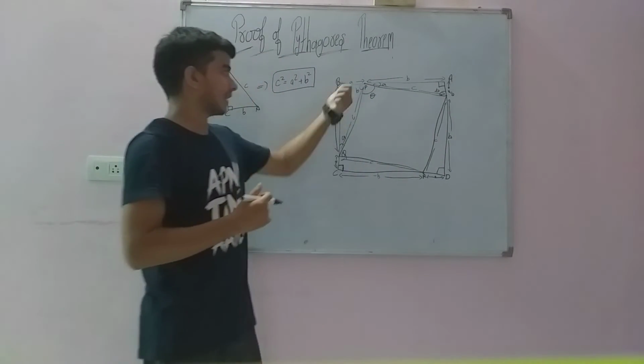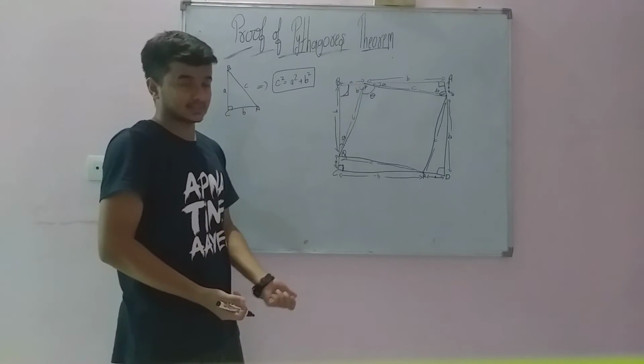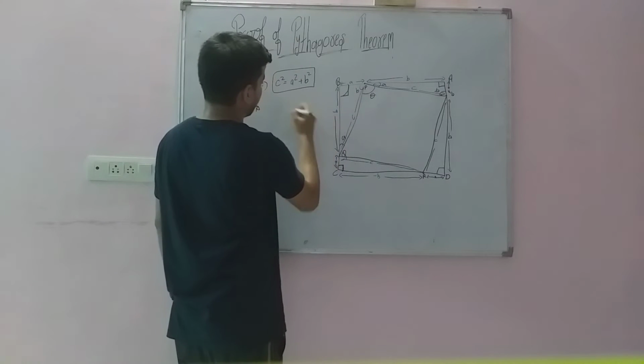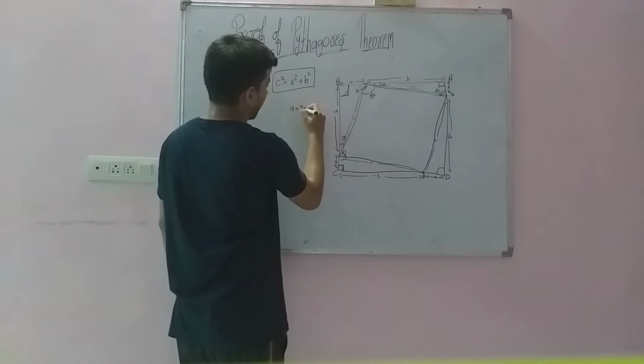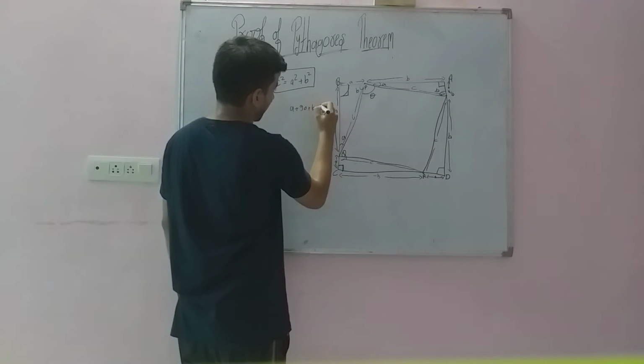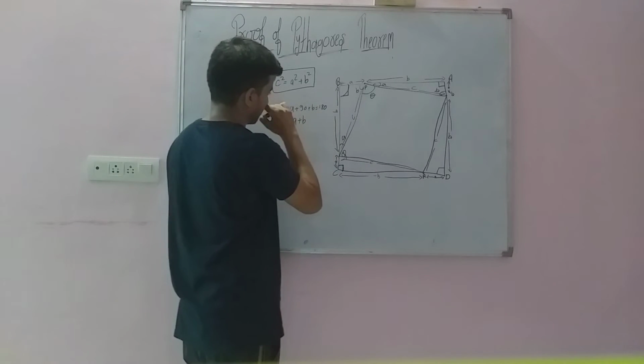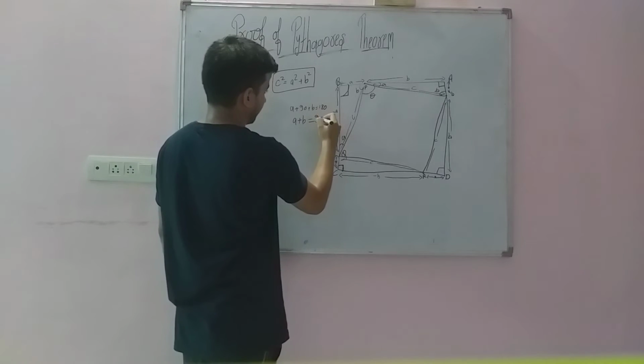Now in a triangle, the sum of all three angles is 180 degree. So if we are talking about this right angle triangle, then angle A plus 90 degree plus angle B is equal to 180 degree. So the sum of angle A plus angle B will become equal to 90 degree.